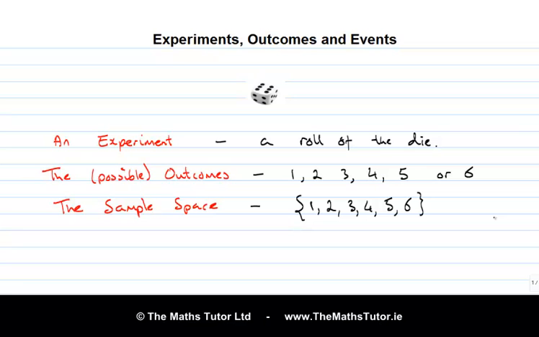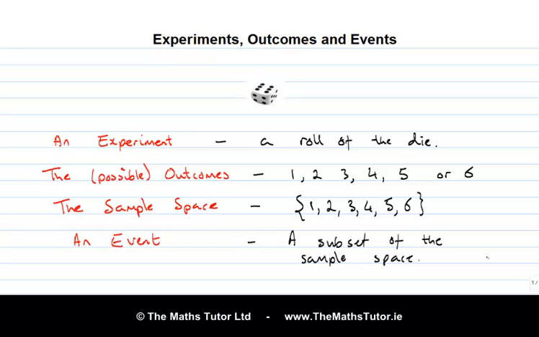The sample space is the set of all possible outcomes. So in this case, we take the list of all possible outcomes we had up here, and we make it into a set. That set is the sample space here. So the sample space is the set whose elements are 1, 2, 3, 4, 5, and 6.